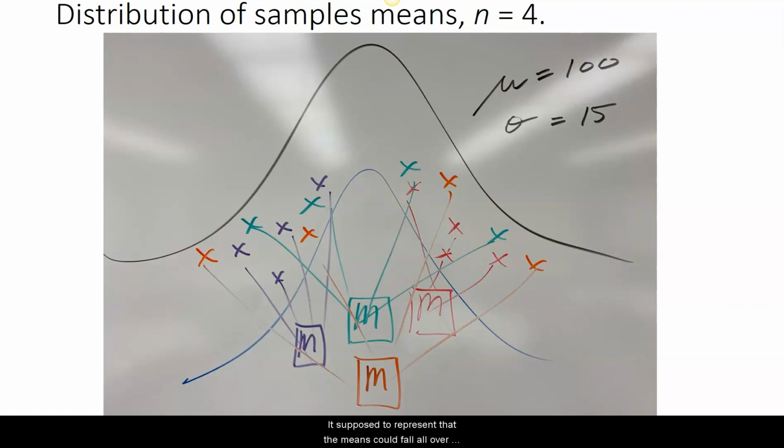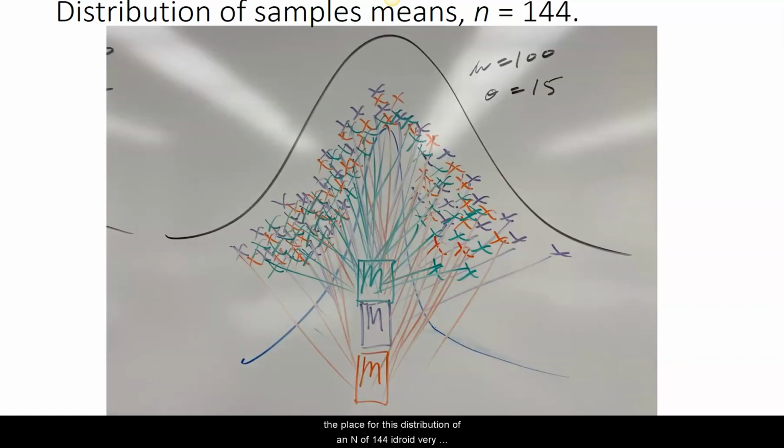It's supposed to represent that the means could fall all over the place. For this distribution of an N of 144, I drew it very narrowly. The suggestion being if I draw 144 people or evergreen trees or whatever the heck it is, in this case it's IQ scores, wouldn't it be the case that they're likely to be somewhat spread out? I'm going to get some highs, some lows, some middles. And therefore, that's going to land the mean smack in the middle.